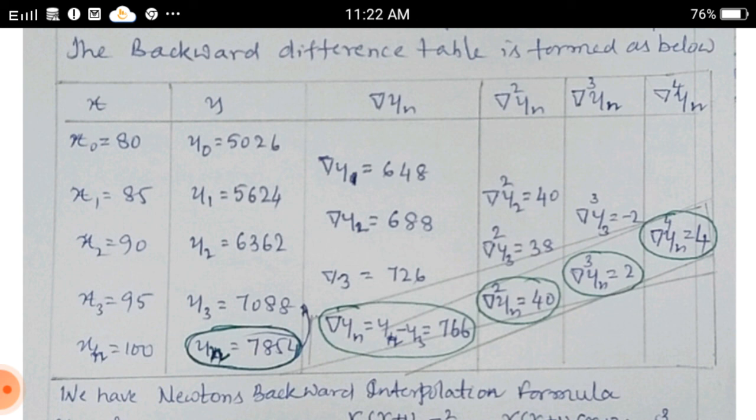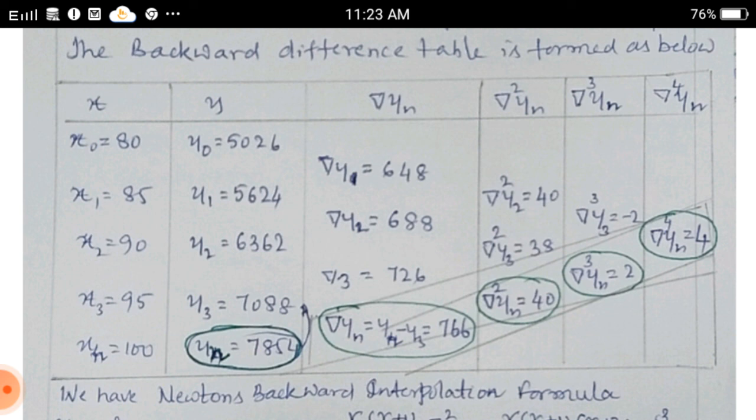Now second backward differences are given by the differences of first backward differences. So writing from the last is fine. Last from the bottom, del square yn is equal to delta yn minus delta y3, which is 766 minus 726 is equal to 40.